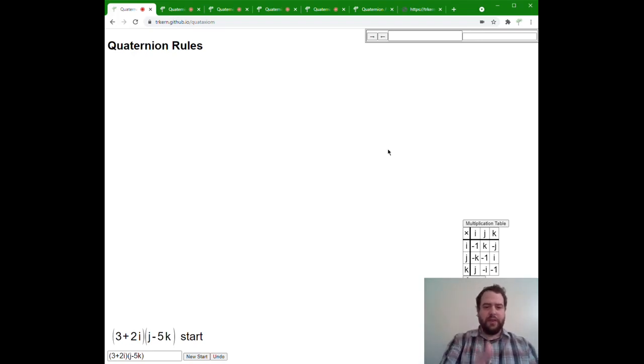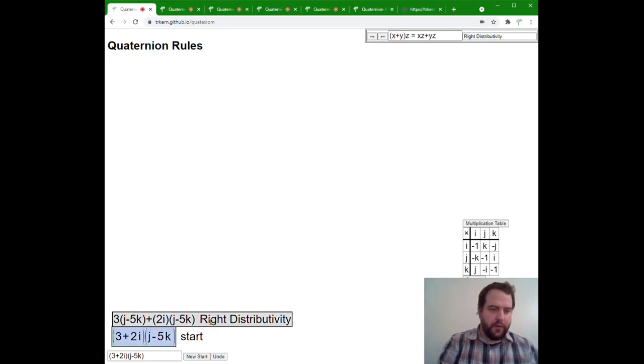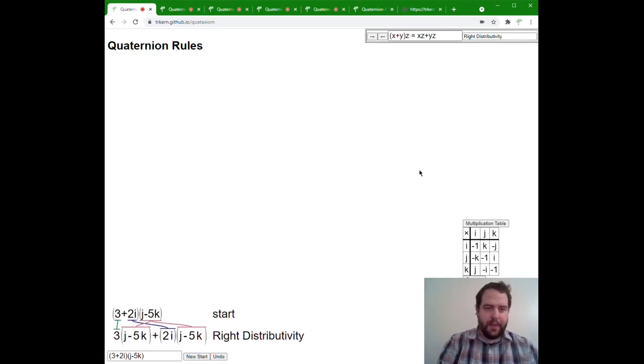If we want to deal with this particular formula, we need to do some foiling. And in particular, that consists of doing some distributivity both on the left and on the right. So let's actually start with right distributivity just to make this easier. So we can do some distributivity.